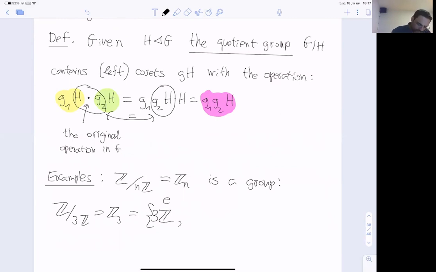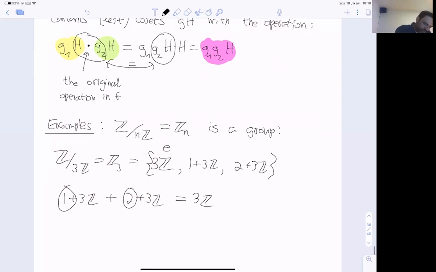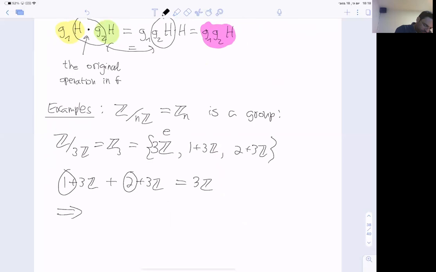We have 1 plus 3Z, and we have 2 plus 3Z. Now, if we want to make an operation between this and this, we actually get back to 3Z because 1 plus 2 is 3. So this is the inverse of this element. Okay, because this is our neutral.